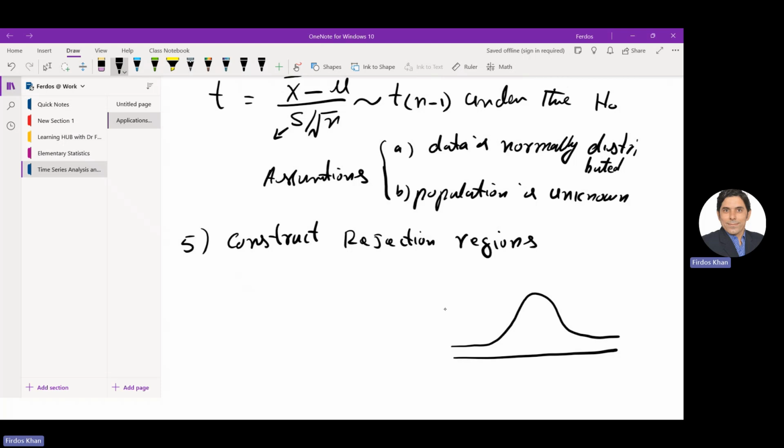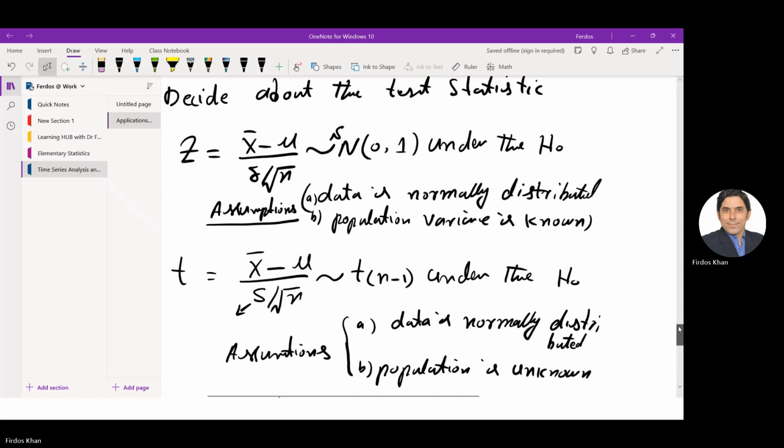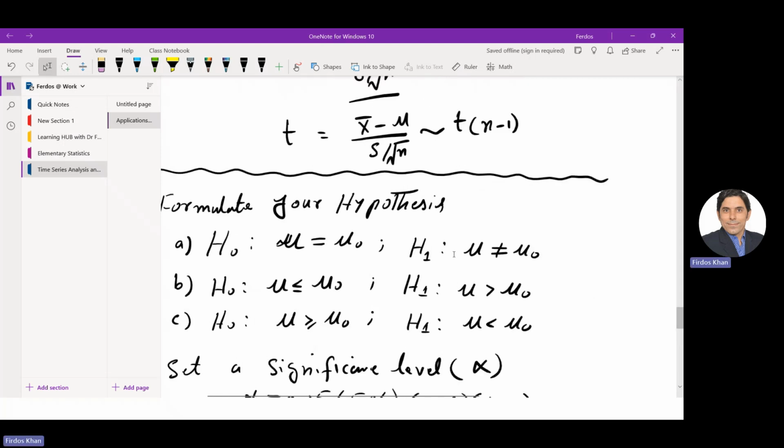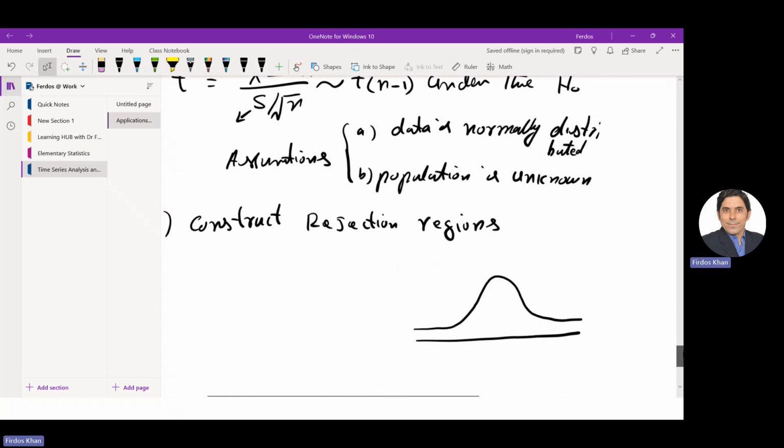But now I can say, for this hypothesis, the alternate hypothesis is two-way because it is not equal; this one is one-way, greater is one-way. There will be a separate video in which I will explain the rejection region for each case in detail.